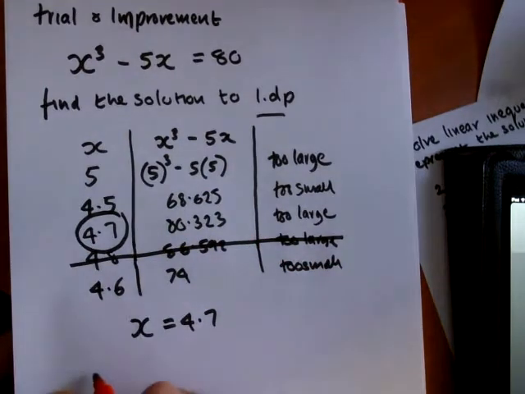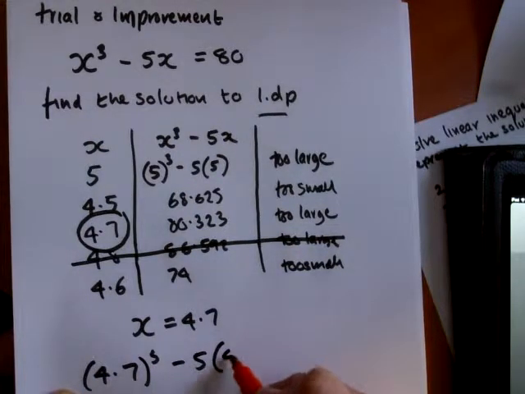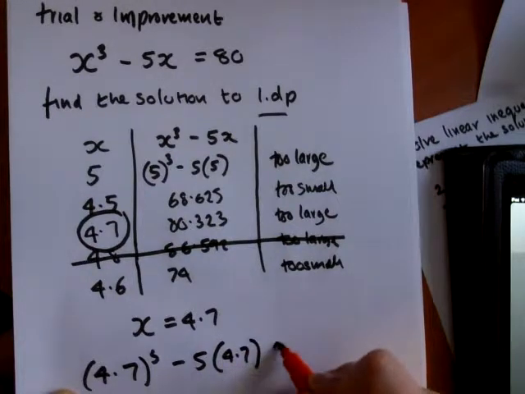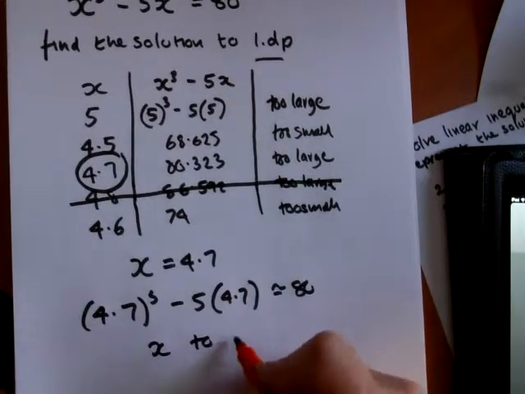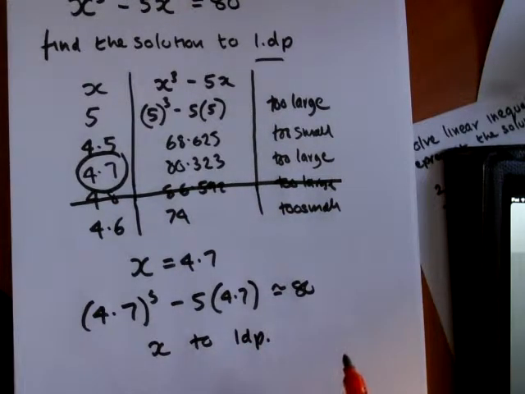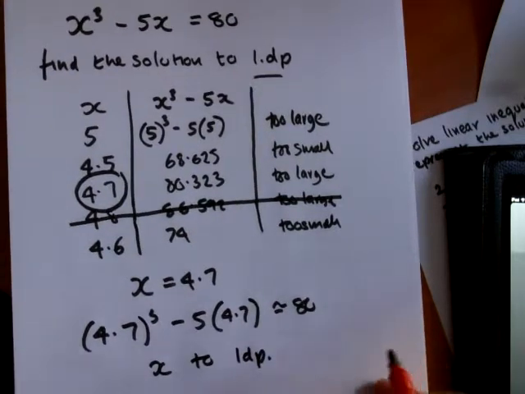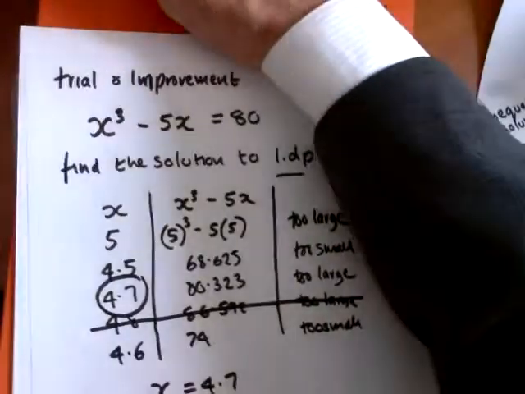What you are basically saying is that 4.7 cubed minus 5 times 4.7 is approximately equal to 80. That's the closest you can get when x is taken to 1 decimal place. You can get closer, obviously, if you use 2 decimal places, but you're not required to do that at GCSE level. And that's that video complete.